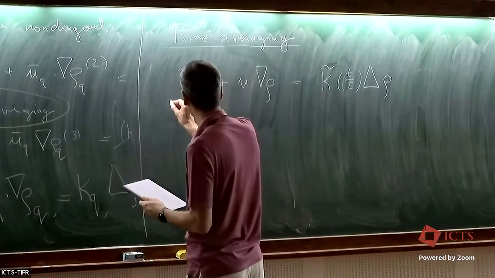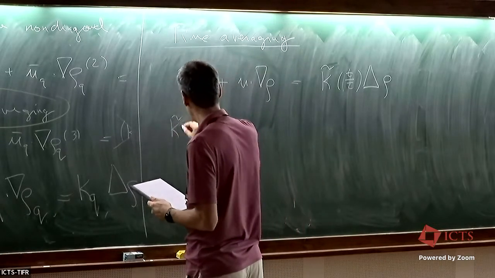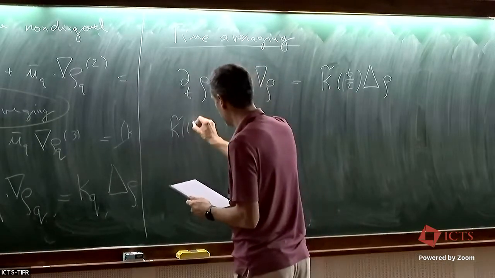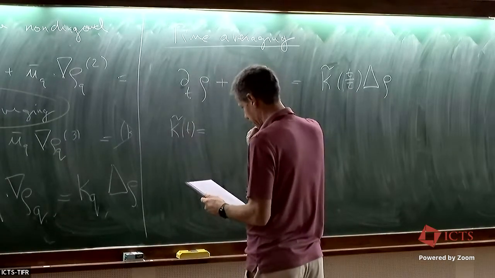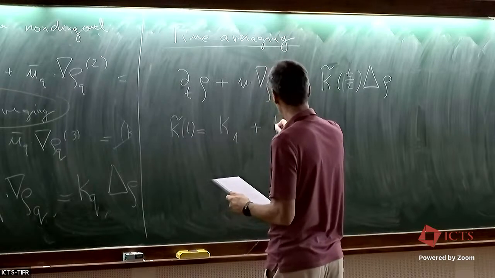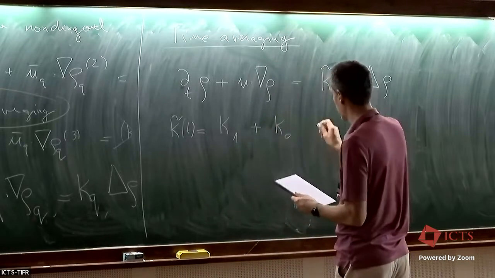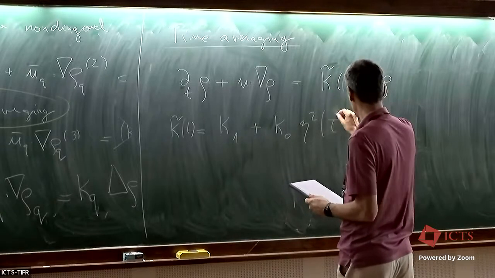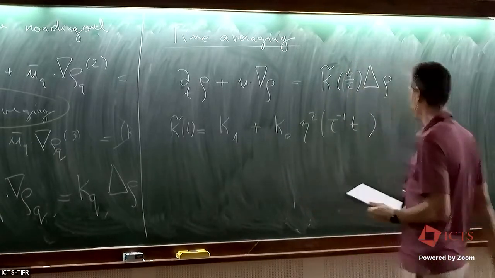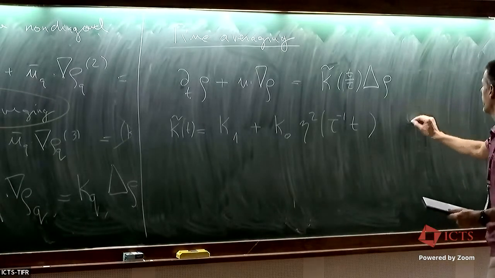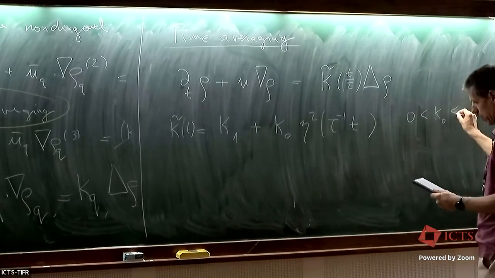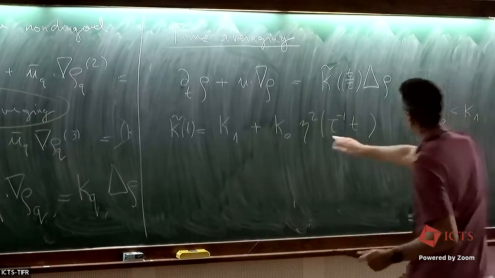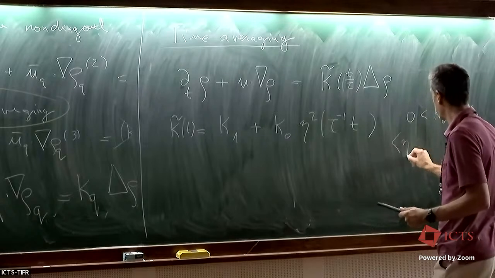And this kappa tilde has the form kappa tilde of t is kappa 1 plus kappa 0 times some positive oscillating function of type tau to the -1 times t. And of course, this is non-negative. Let's say it's periodic with average 1.